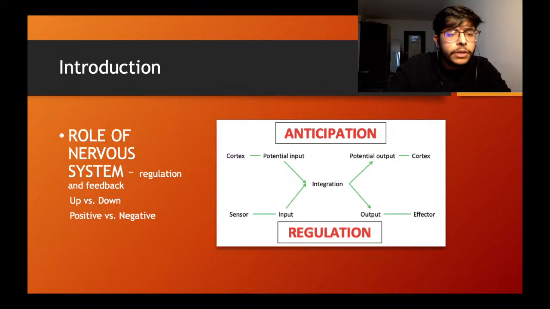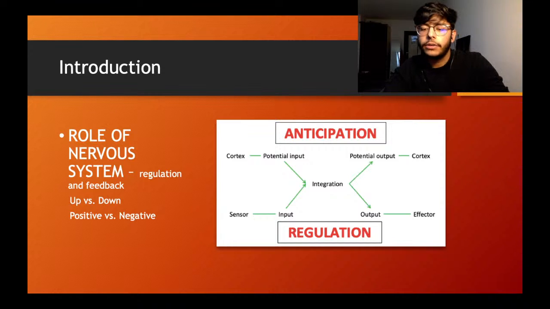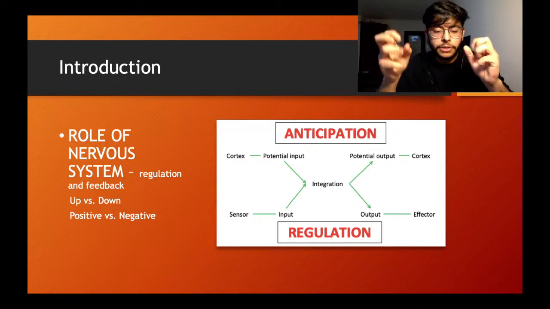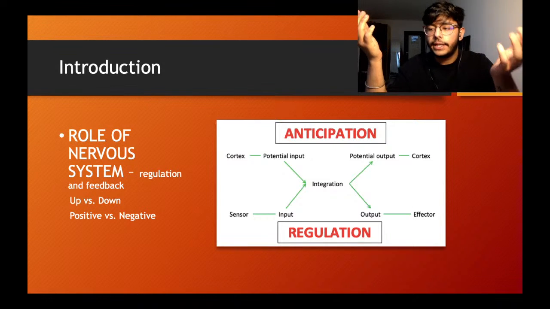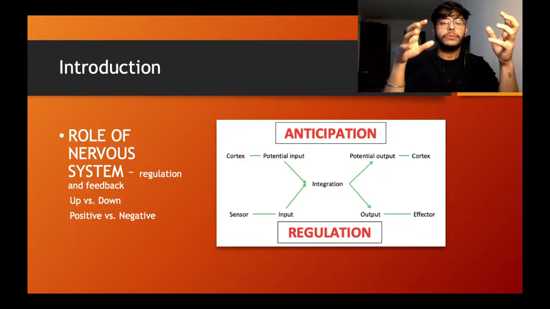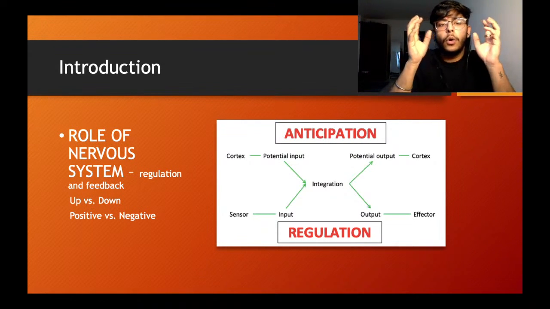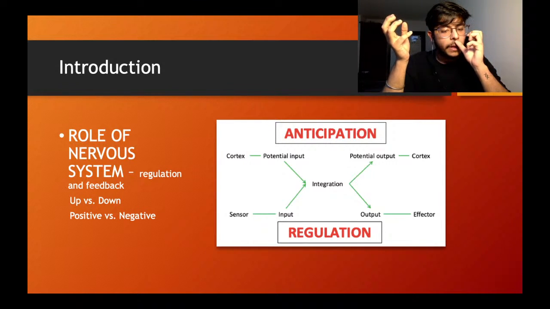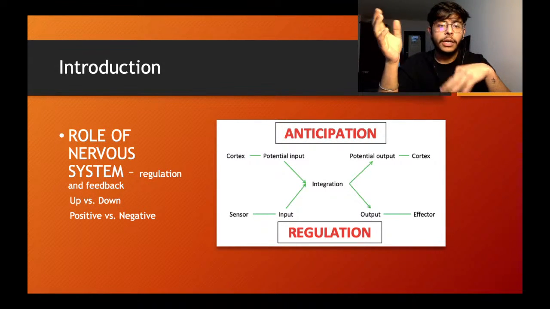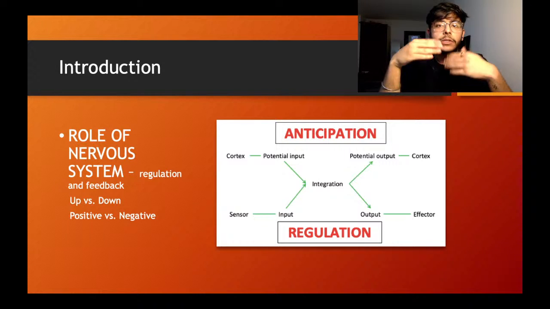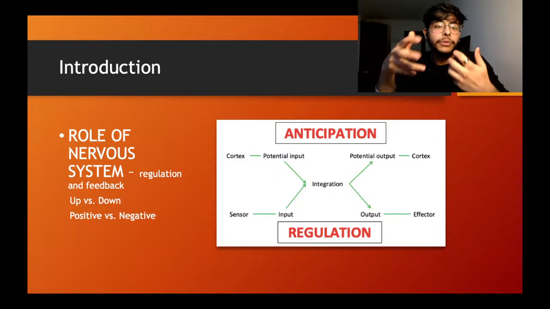And before I move on, there are two things that I'd like you all to understand in terms of terminology: up and down regulation versus positive and negative feedback. So, what is up and down regulation? Now, when a certain stimulus has an effect on the body, there's also a product produced.